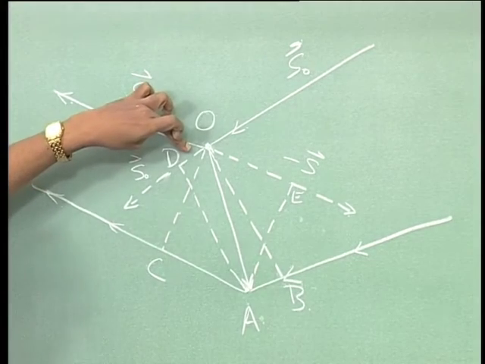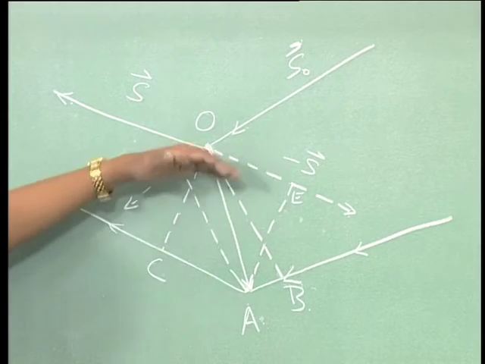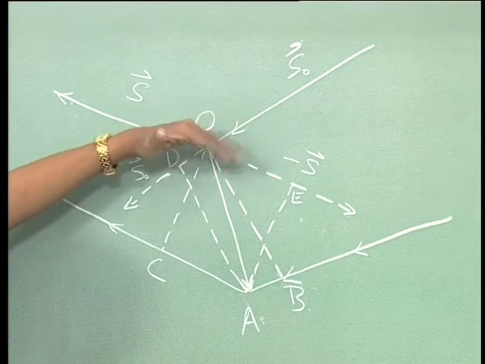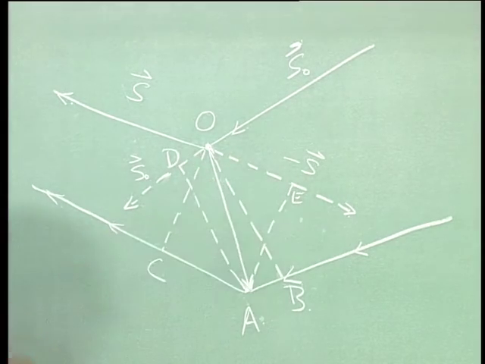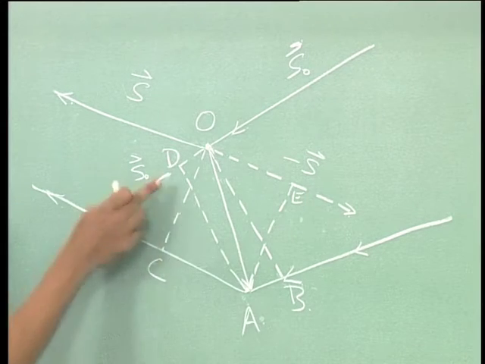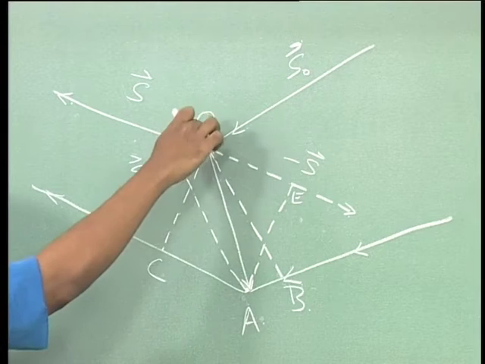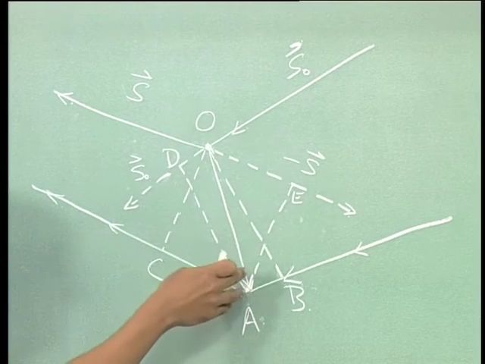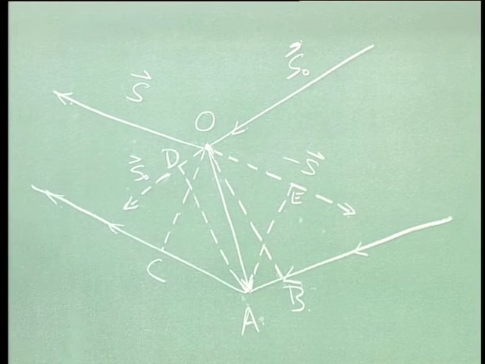There is also a theta here, and OA cos theta with that theta would give us this value OE. So in other words, OD is the component of this OA along the s naught direction, and OE is the component of the OA vector along the minus s direction.